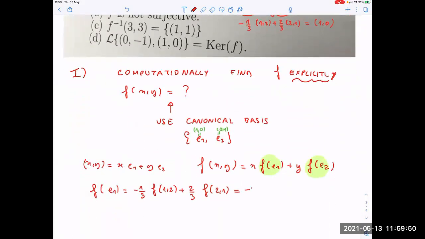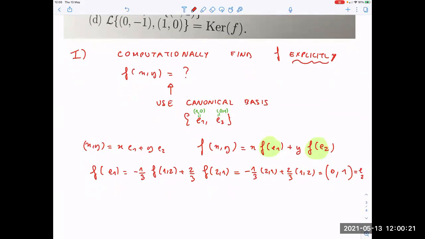So what I get is minus 1 over 3 times 2, 1 plus 2 over 3 times 1, 2. And so if I compute, what I get is minus 2 over 3 plus 2 over 3, which is 0. And then I get minus 1 over 3 plus 4 over 3, which is 1. So you see E1 goes into E2.